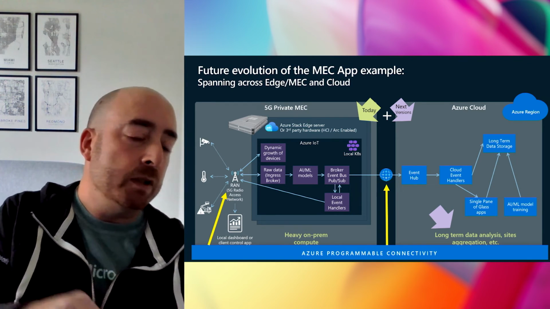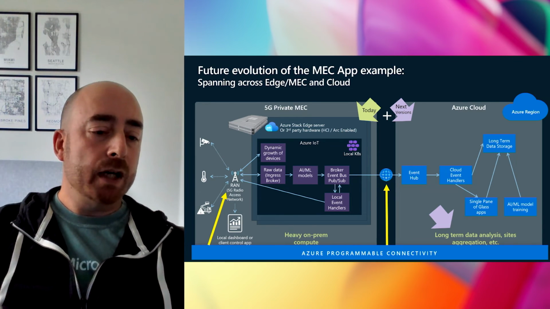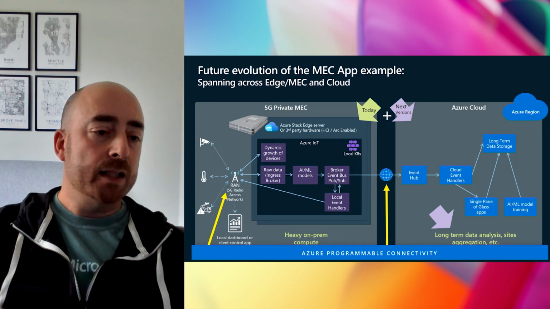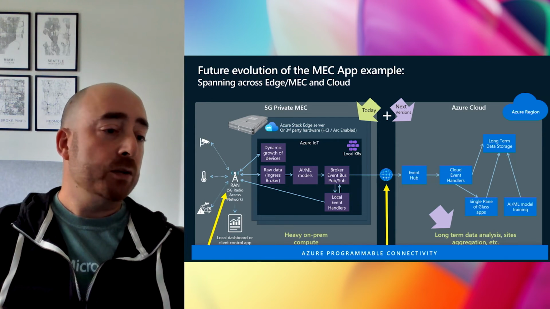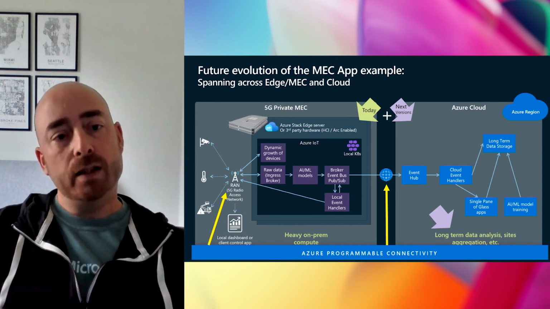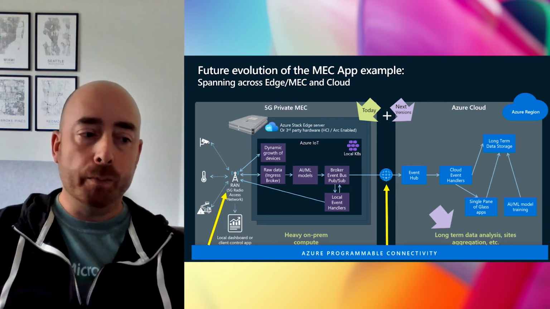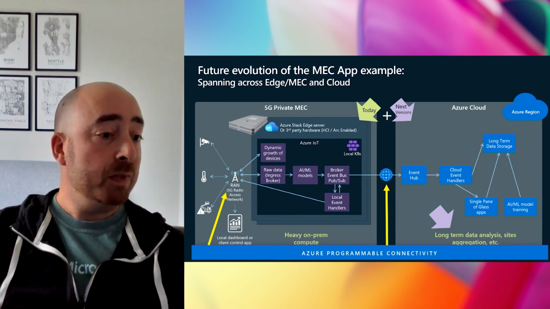Could be 5G, could be Wi-Fi, could be Ethernet. But if you are using Azure Programmable Connectivity APIs from your application, you'd be able to say to the network, hey, I have a spike of usage, and I need a better quality of service. I need better bandwidth. I need better latency. So give it to me, right?